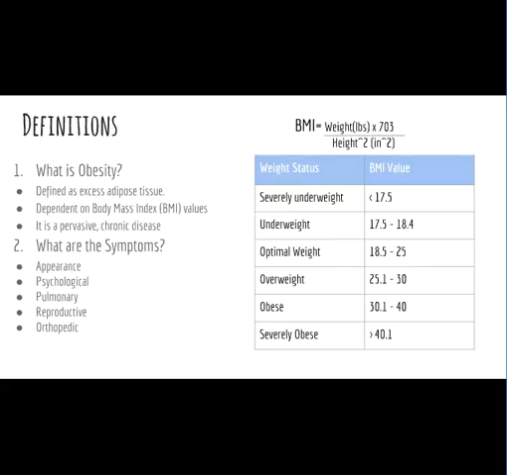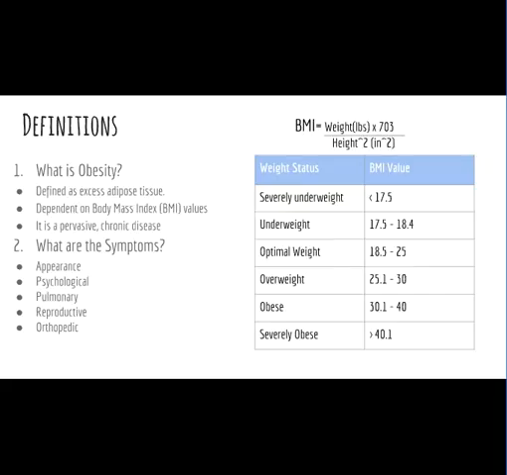And so, what are the symptoms if you start becoming obese? Well, there's appearance-wise of the weight gain. There's also different reproductive repercussions where people, if they gain too much weight, can no longer have children. Orthopedic, it does take a toll on your feet carrying around all that weight.